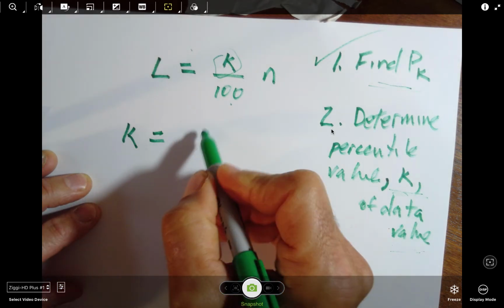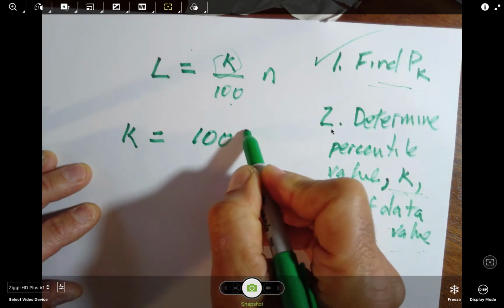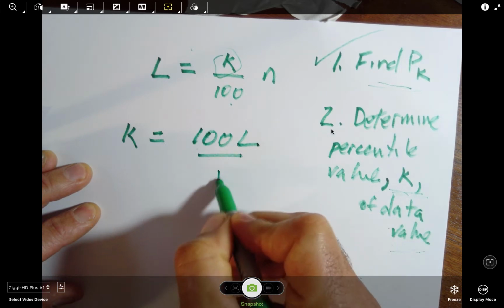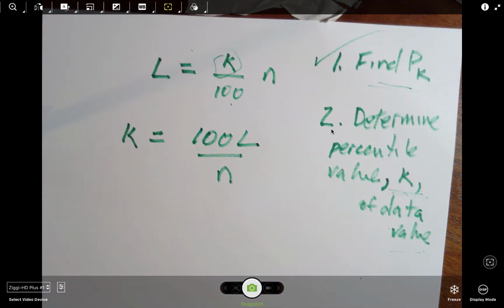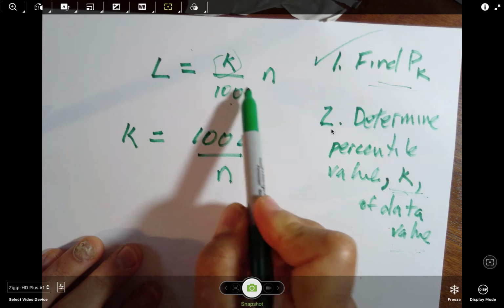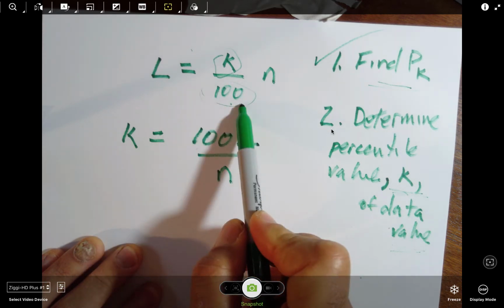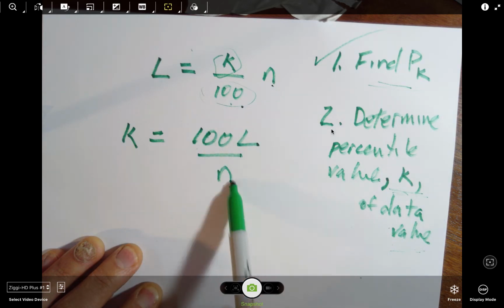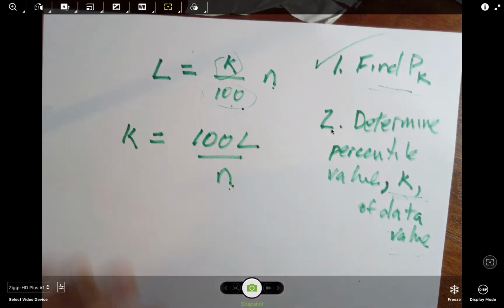So k is going to be 100L divided by n. Do we see that? We multiplied both sides by 100, and then we divided by n to solve for k.